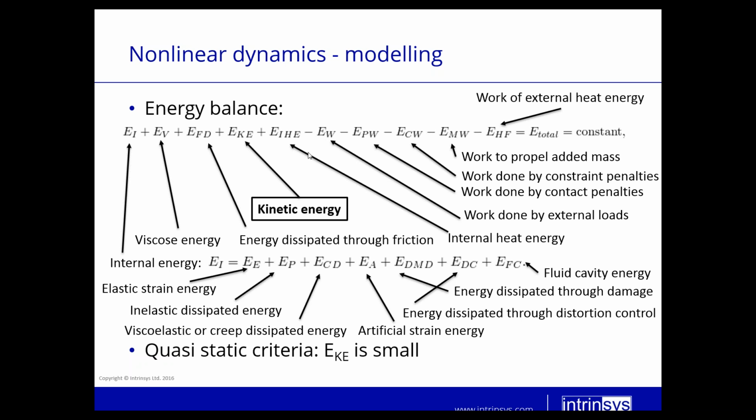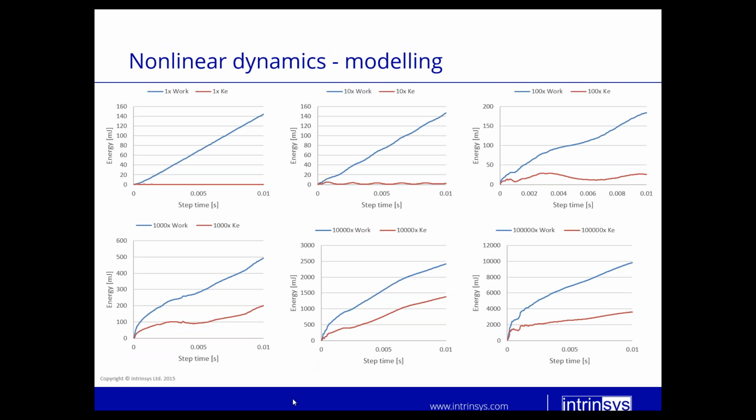So that means all the work you put in should go into elastic strain energy and plastic deformation and very little kinetic energy. If this is true, then you're running a quasi-static analysis.